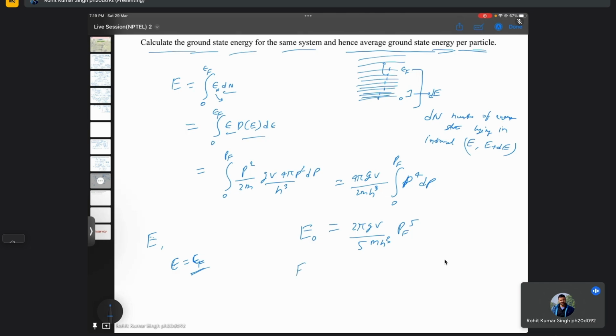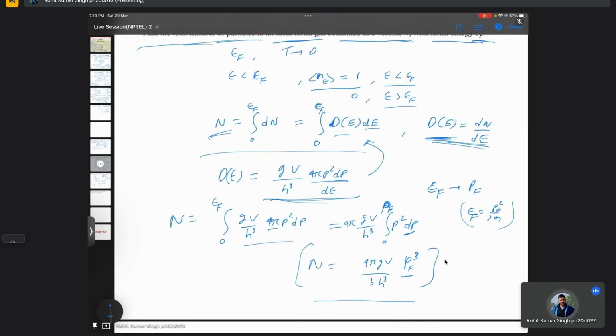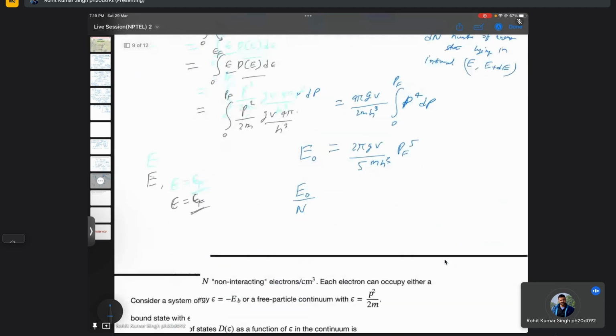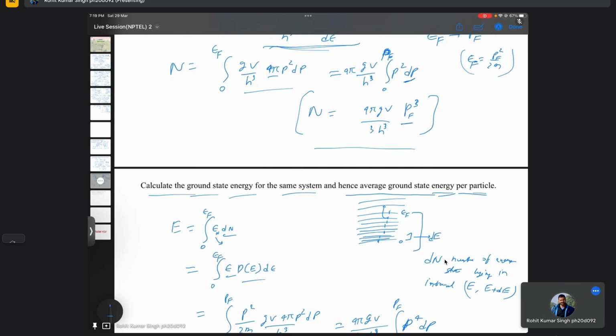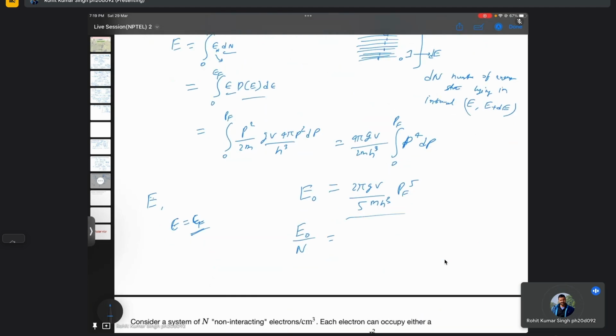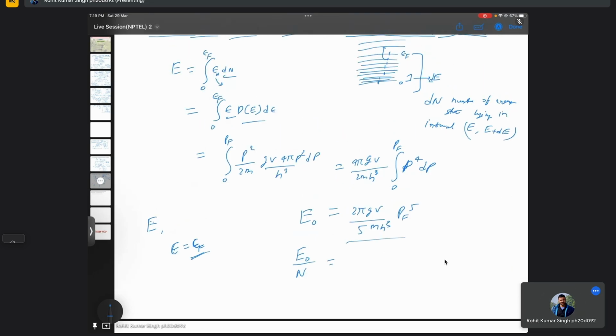So the average ground state energy per particle is basically E naught by n, where n is the number of particles that we calculated earlier. If you divide this by this, you get 3 p_F square by 10n, which is basically equal to 3 by 5 EF.